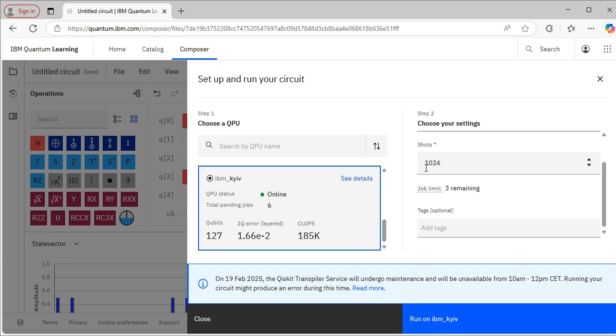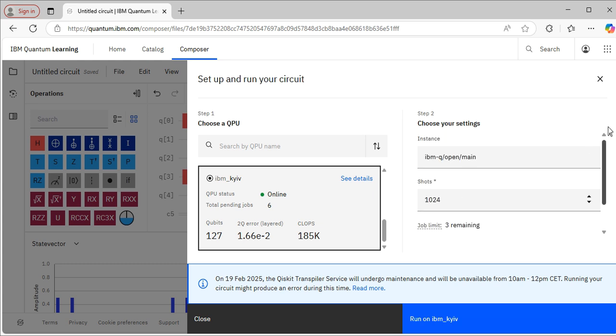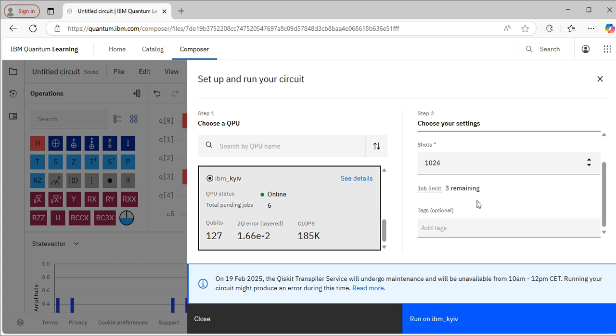And I'm going to do 1,024 shots. 1,024 shots means it's gonna run this quantum algorithm that I created in gates 1,024 different times, and it's gonna give me an average of what it finds. All right, so that's what we're gonna do now.